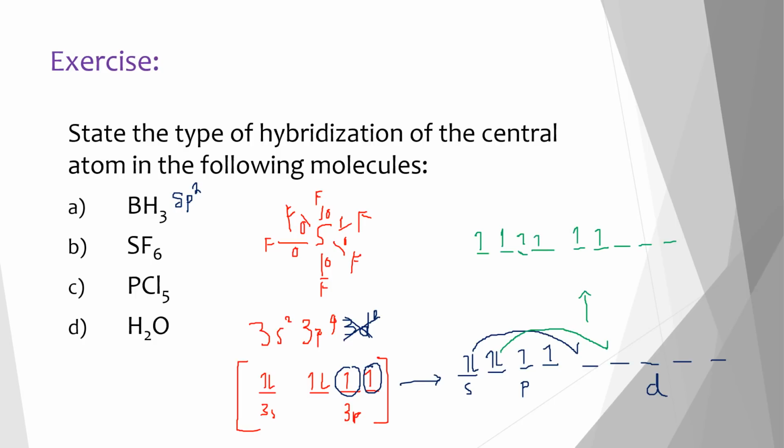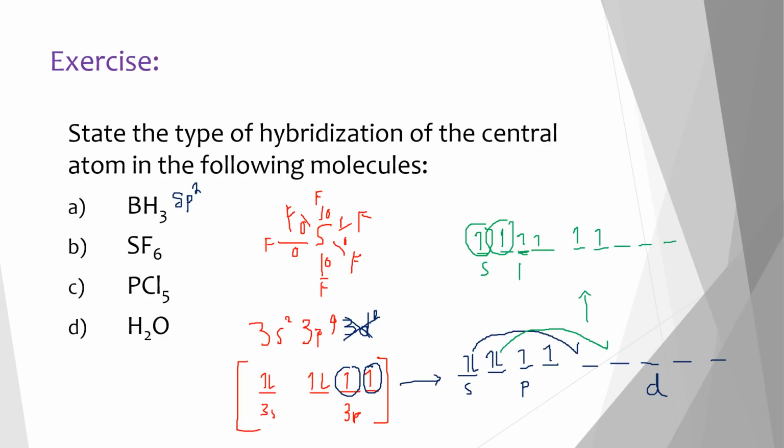So now it has 6 single electrons. When it has 6 single electrons, each of these electrons can be shared with the fluorine, and each of these electrons can form a bond with the fluorine.